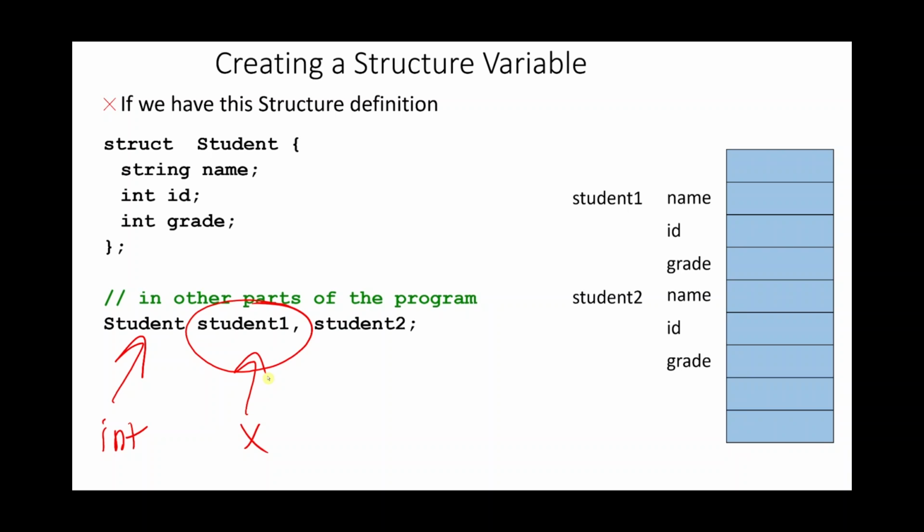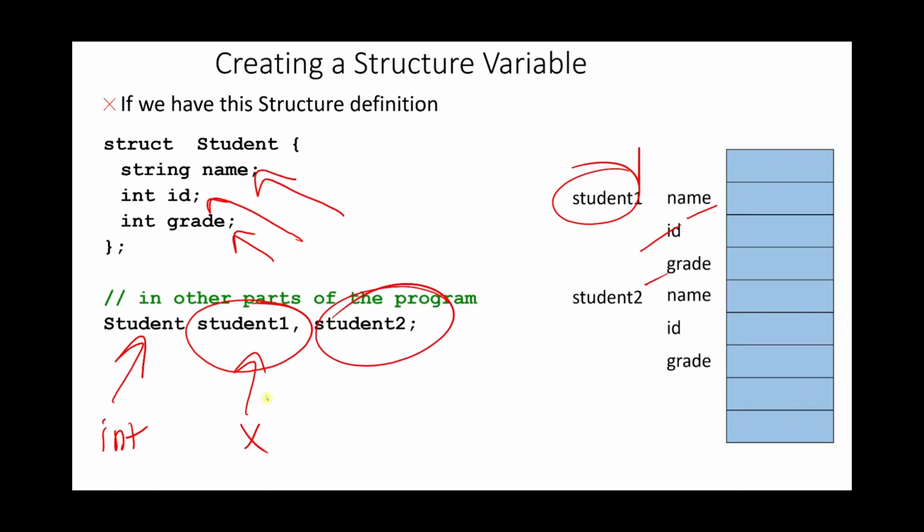So student student1, then student1 is going to allocate three variable locations. One for the string, one for the int, and the other one is for the other int. So the name, ID, and grade. Student2 is going to do the same thing. Three other locations, name, ID, and grade.